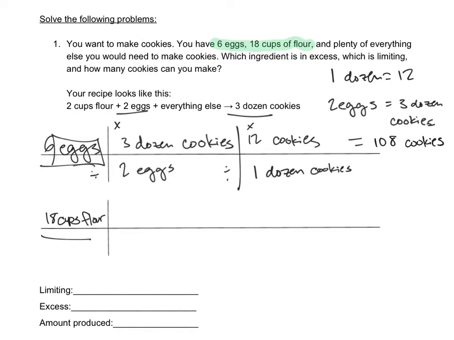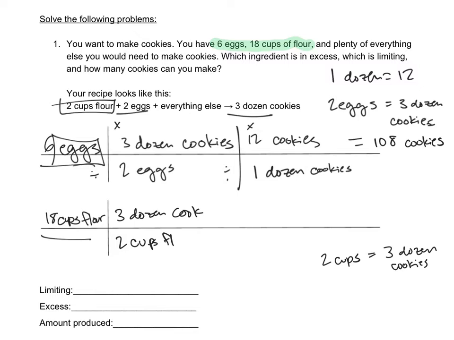But let's go see about our flour. We've got 18 cups of flour to start with. Let's see how many cookies that'll make. So we need to look at flour in the chemical equation, the recipe. It says 2 cups of flour is going to make 3 dozen cookies. We plug that in as our conversion factor, with cups of flour on the bottom: 2 cups flour becomes 3 dozen cookies.